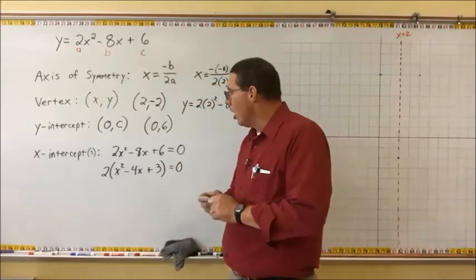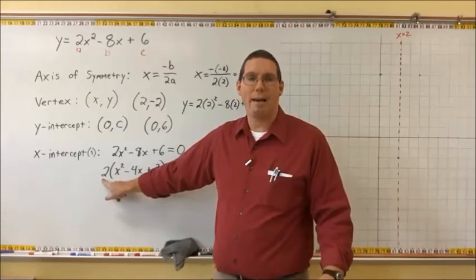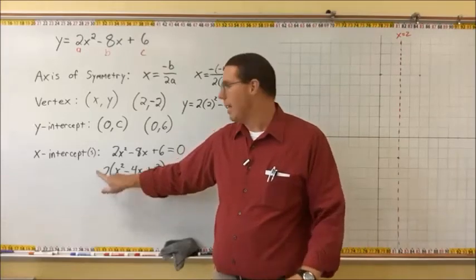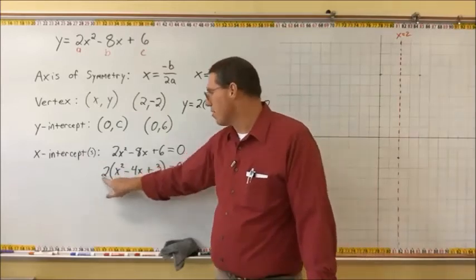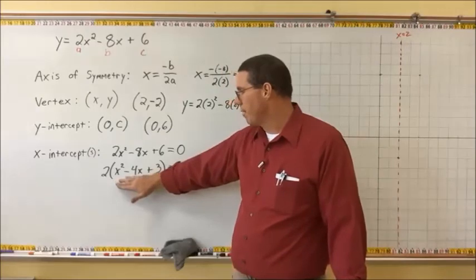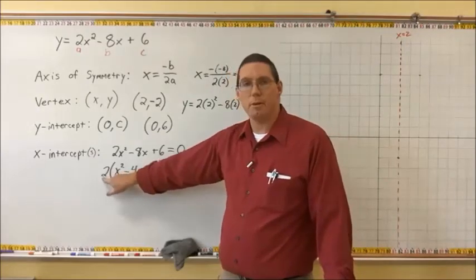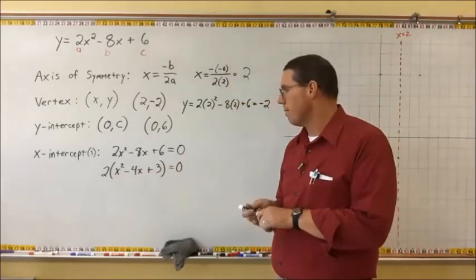Now, because this 2 out here does not have an x with it, it can't be equal to 0. It can't be the reason that this is turning into 0. The 0 must be coming from inside of here. So we're not really going to do anything with the 2 at all. We just want to factor the x squared minus 4x plus 3.